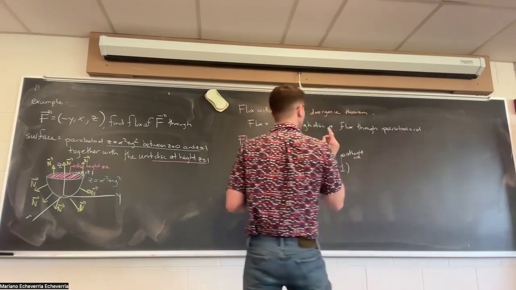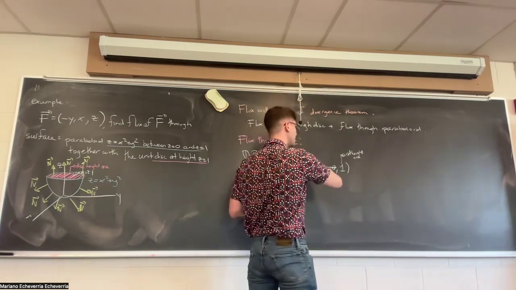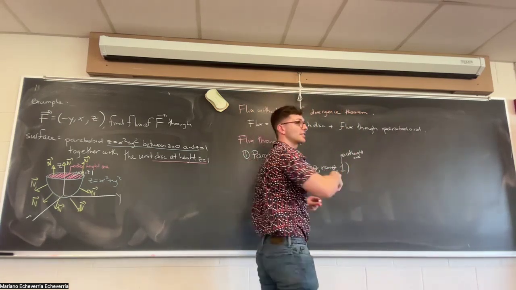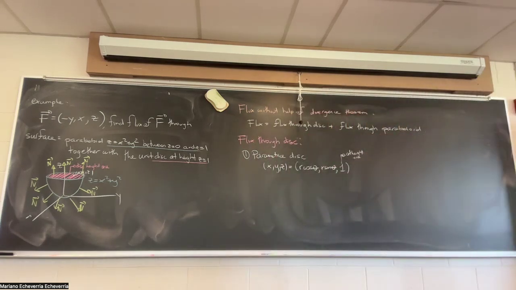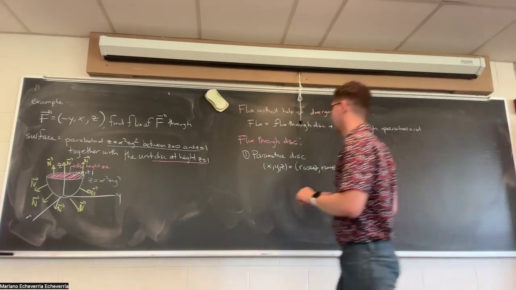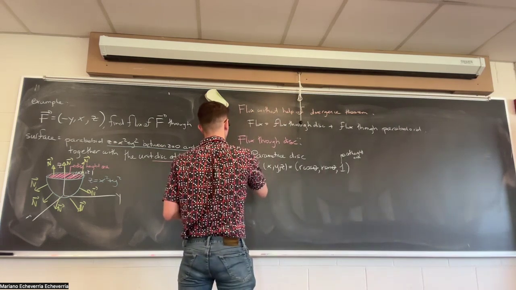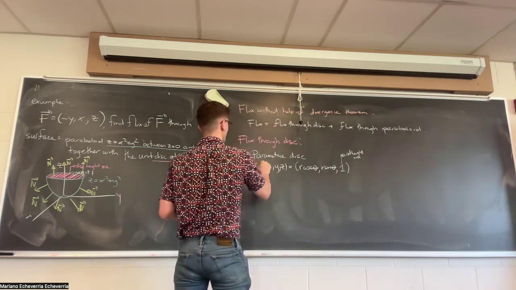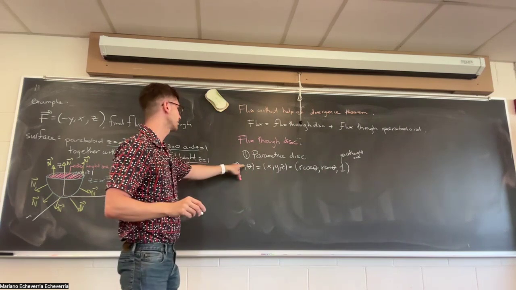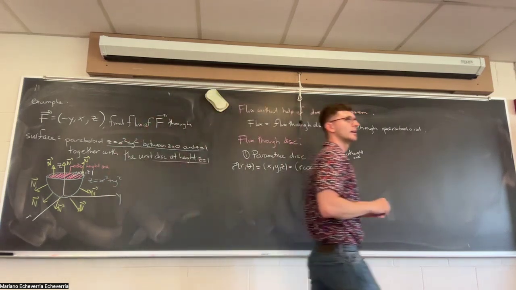So that depends only on two variables, r and theta, and that's why this is a parameterization in terms of r and theta. In the notation of last time, I was writing this as the position vector as a function of r and theta.